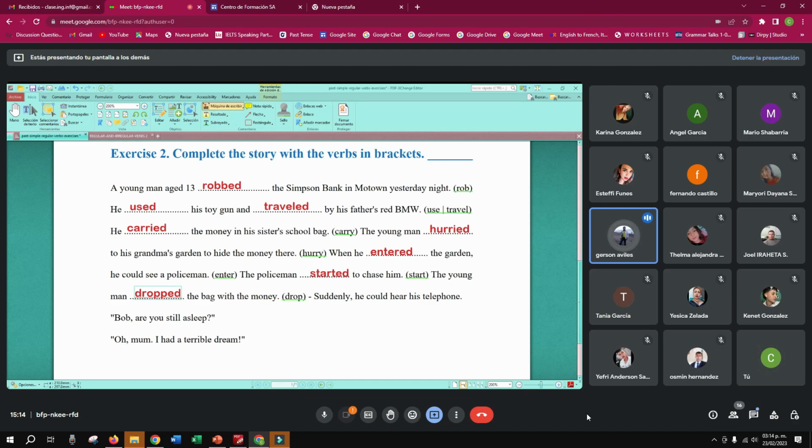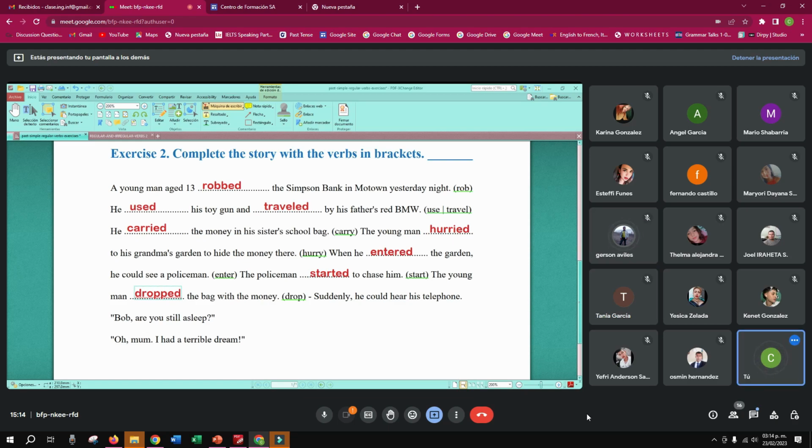When he entered the garden, he could see a policeman. The policeman started to chase him. The young man dropped the bag with the money. Suddenly, he heard, "Are you still asleep?" "Oh, Mom, I had a terrible dream." Excellent. Very good, Mr. Harrison.